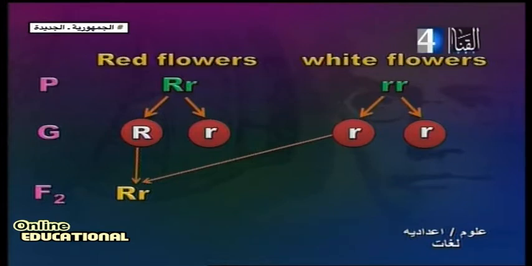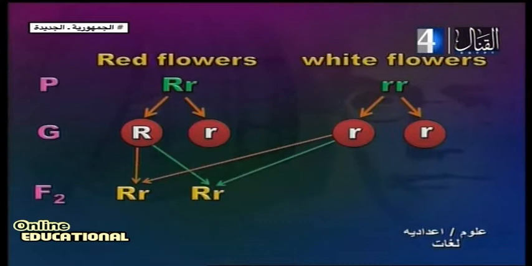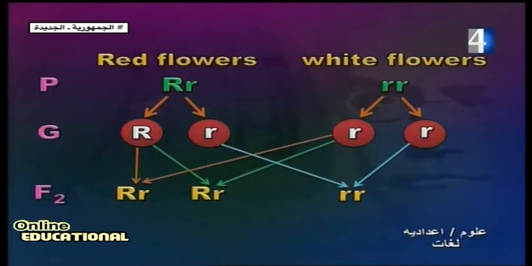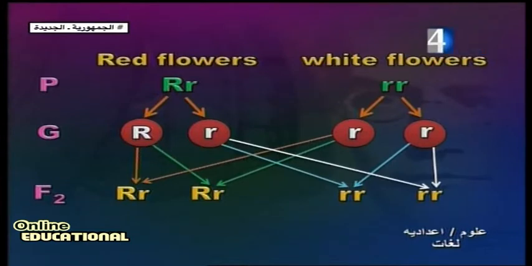If R capital meets R small, again R capital and R small, it will produce red flower. If R small meets R small, it will produce white flower.